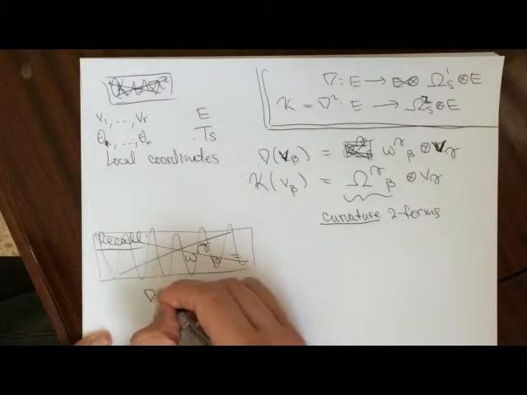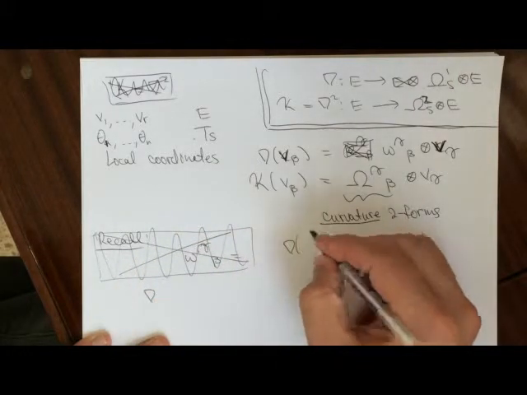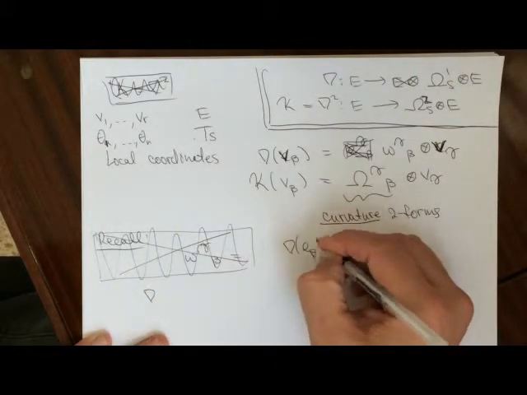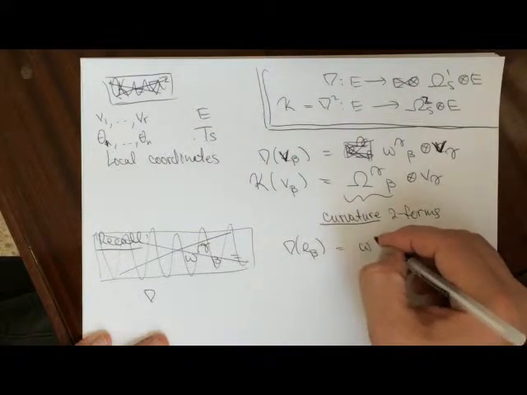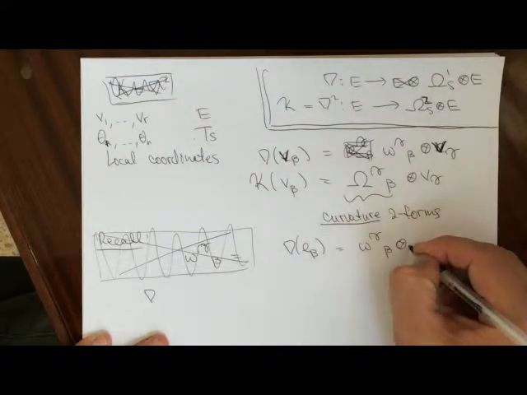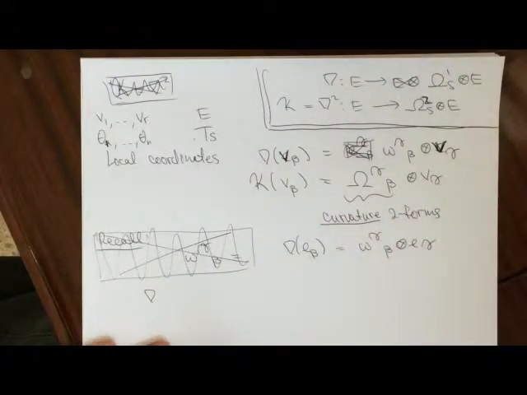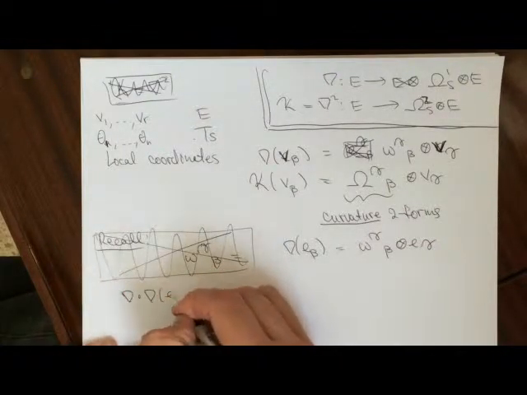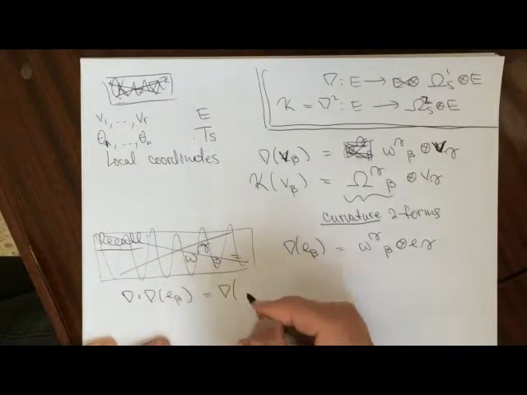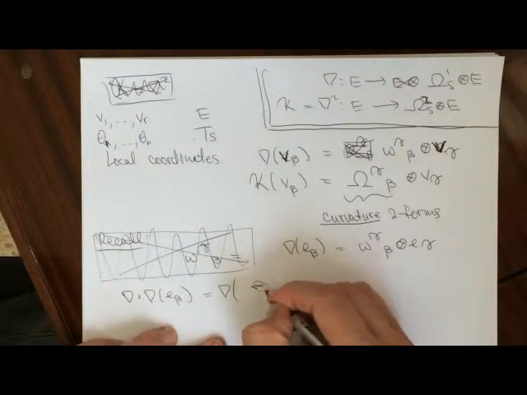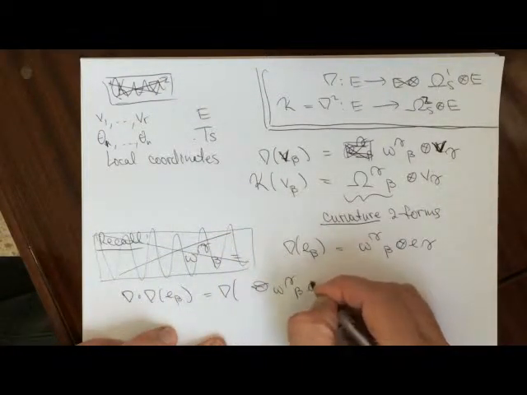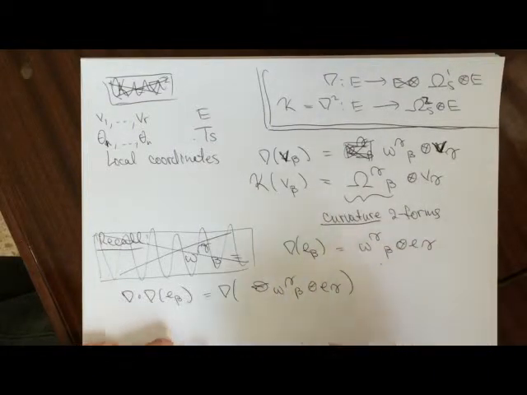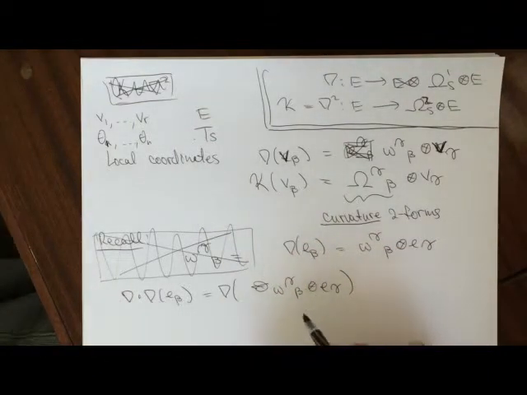So let's write out what we had here. We did have connection 1 forms, and I am going to write them. The connection 1 forms allow us to compute this: omega gamma beta tensor E gamma. I'm going to apply that to this. Now this is going to look like magic.